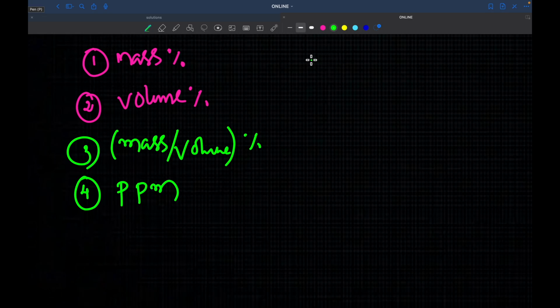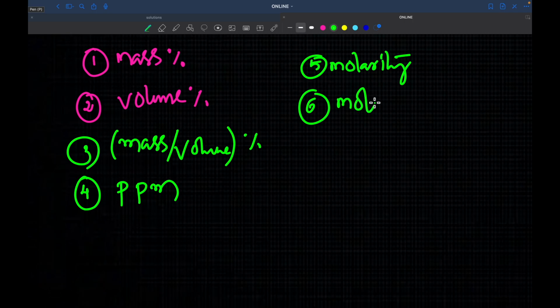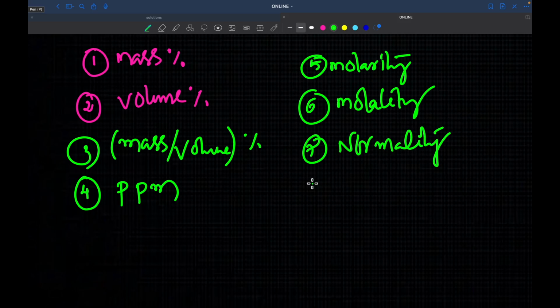Apart from this, we have the most famous molarity. The sixth one is molality. Seventh one is normality. Eighth one is mole fraction.